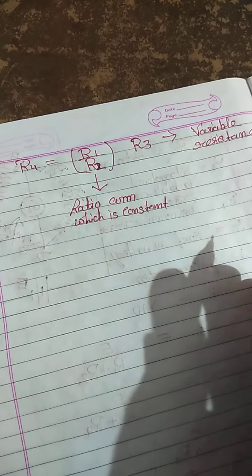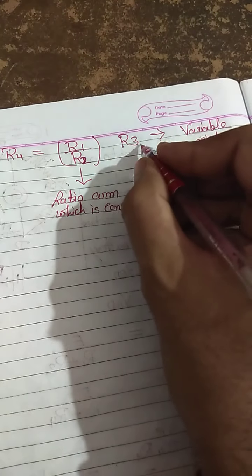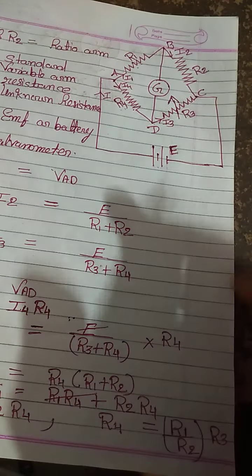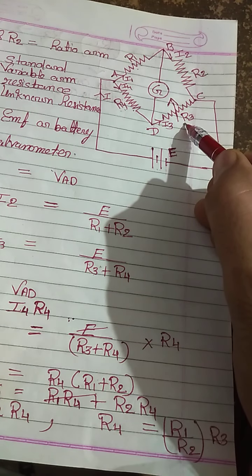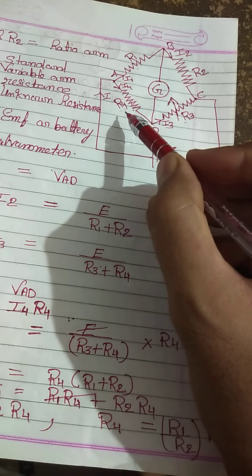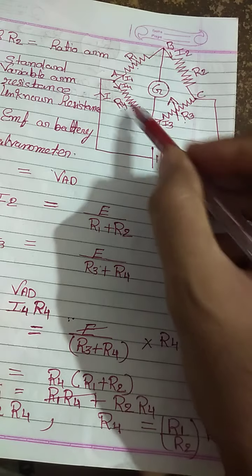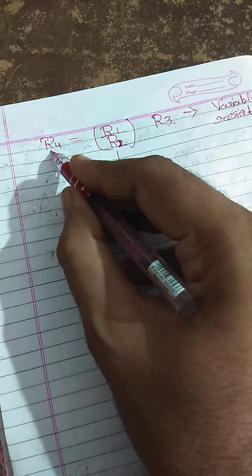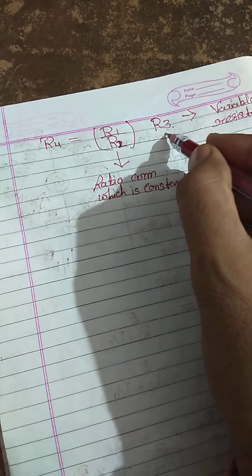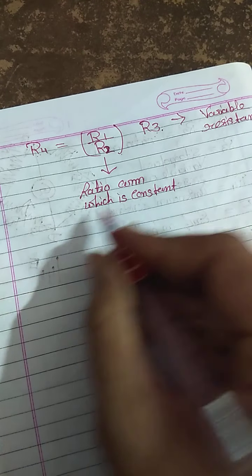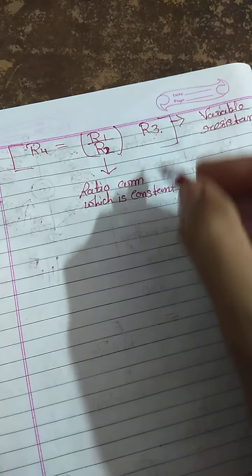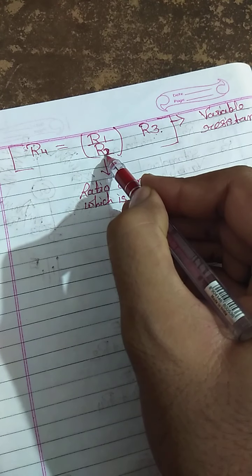This equation proves that by changing the value of resistance R3, we can change the voltage drop across R4, which gives us the balance equation in this form: R4 equals R1 by R2 multiplied by R3. This is our balance equation.